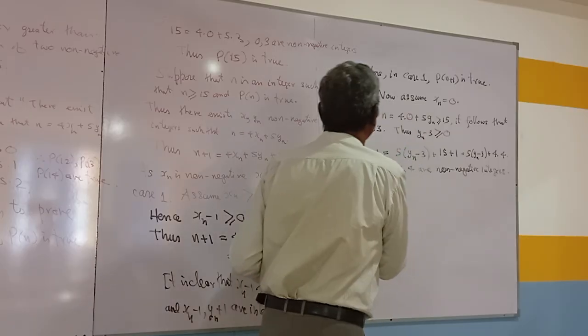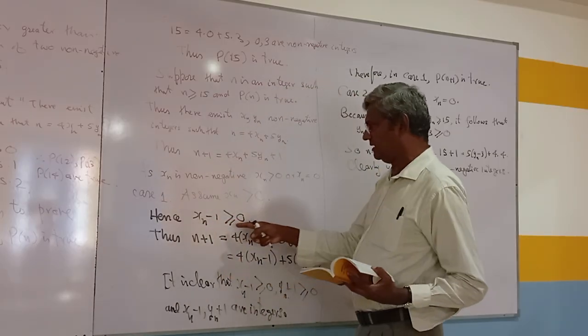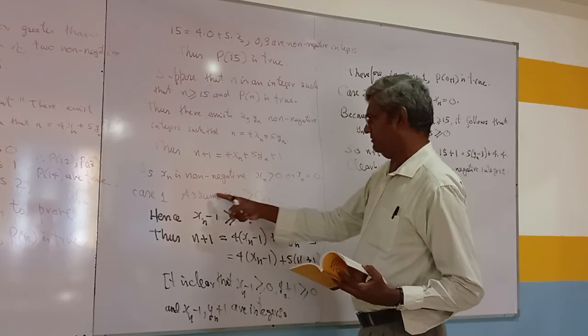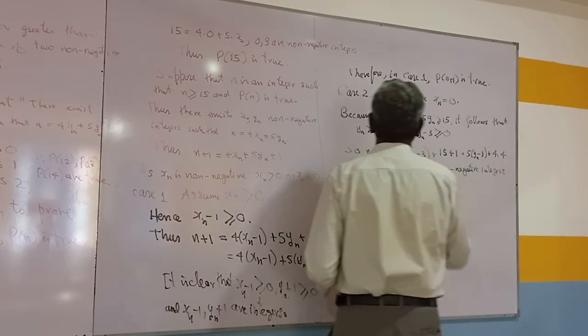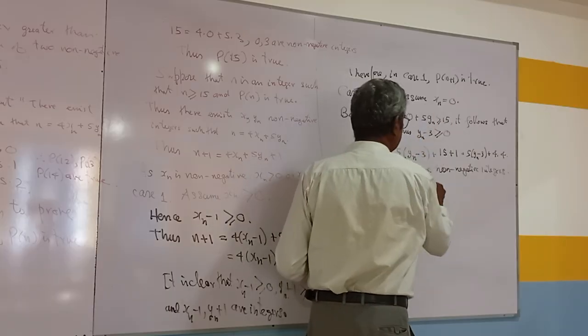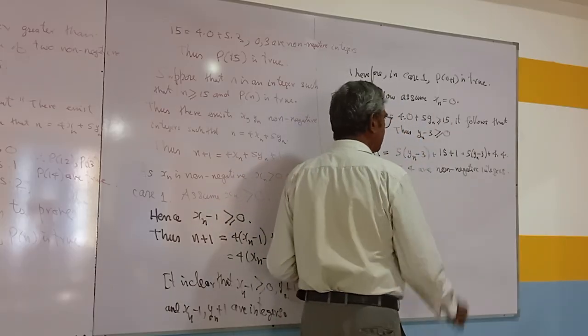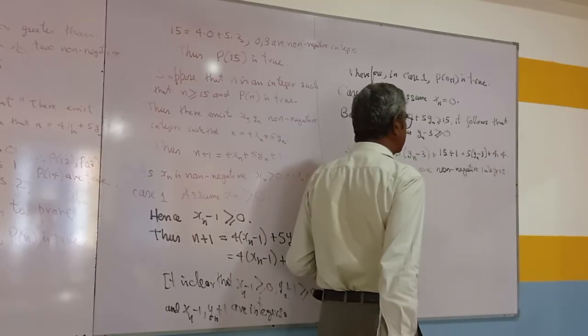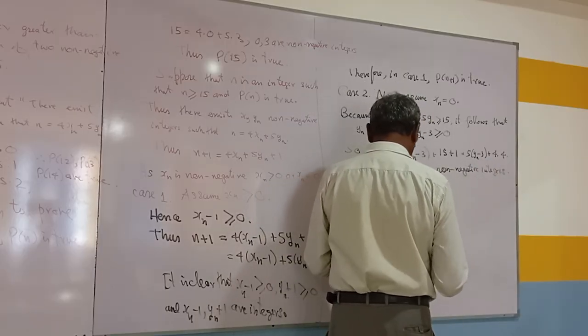So I have written that in case 1, when xn is greater than or equal to 0, I proved the result is true. Now if xn is equal to 0, again I have proved the result is true because yn minus 3 is non-negative, 4 is also non-negative, and they are integers.